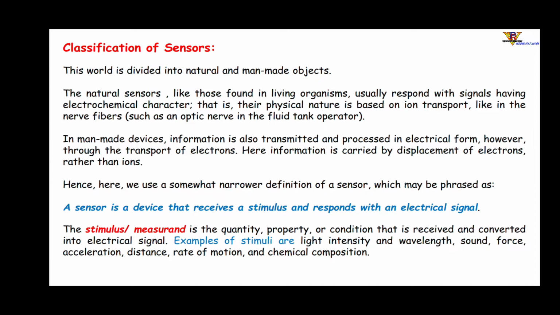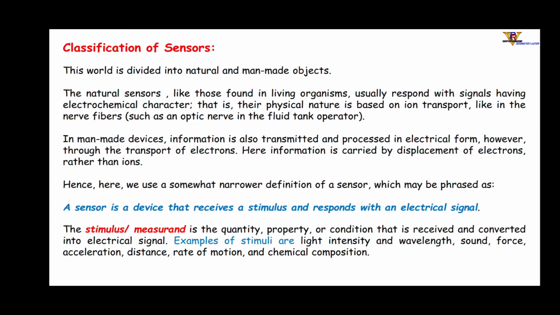These are the natural sensors present in living organisms, and they respond with signals which have electrochemical characters, like our optic nerve, which is used for light detection and vision detection.